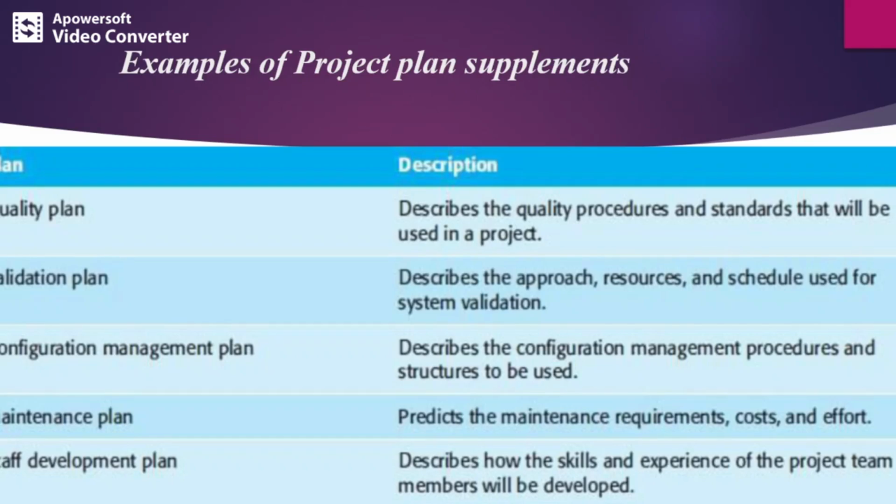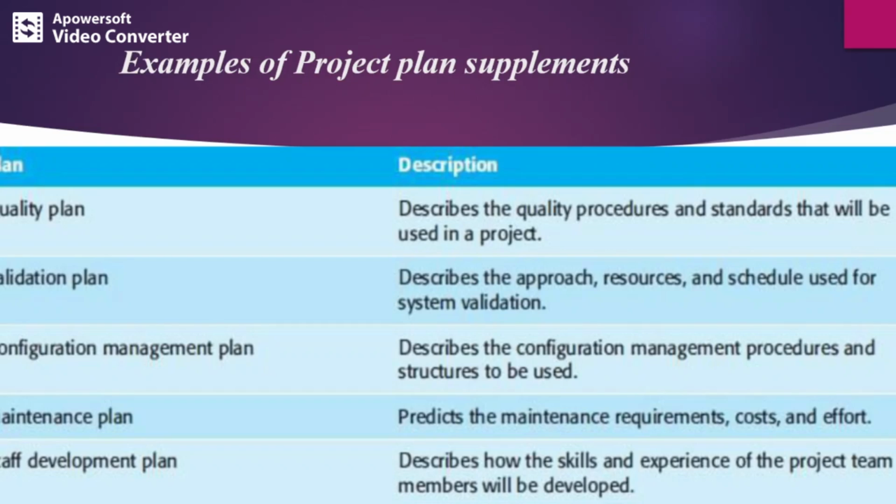Now we'll see the examples of project plan supplements. Which are the different plans? Quality plan, validation plan, configuration management plan, maintenance plan, staff development plan. First let us discuss the quality plan. You're planning in order to achieve good quality software.